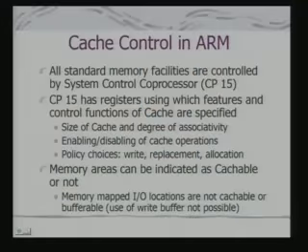The other important issue related to the cache in ARM is that of memory areas being indicated cacheable or not. Okay. Because in my original diagram, the first diagram I had shown, my entire memory space which is occupied by the DRAM is getting mapped onto the cache.